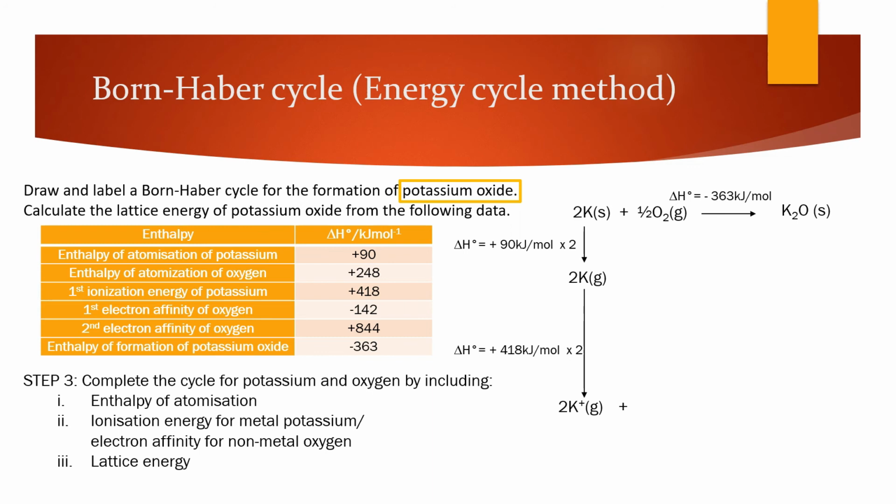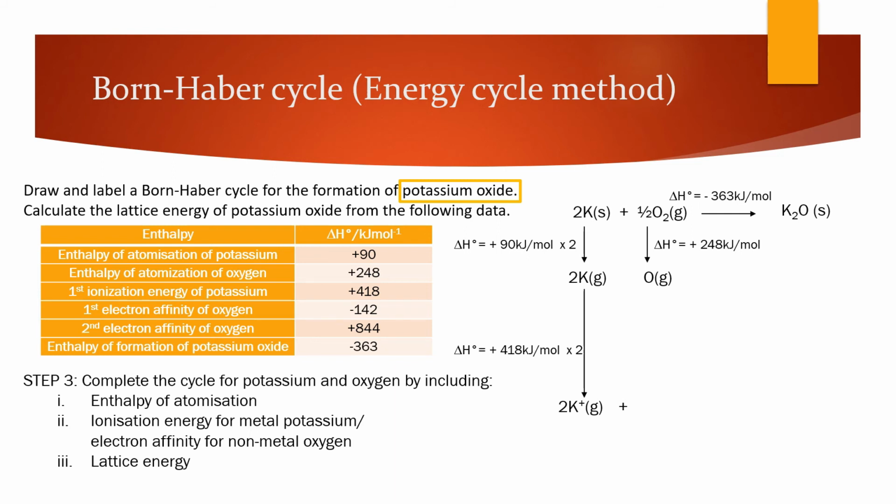So now we move on to look at oxygens. So again, first we need to atomize it. Again, enthalpy of atomization is defined as heat absorbed when 1 mole of gaseous atom is formed. So here we form 1 mole of gaseous oxygen atom.